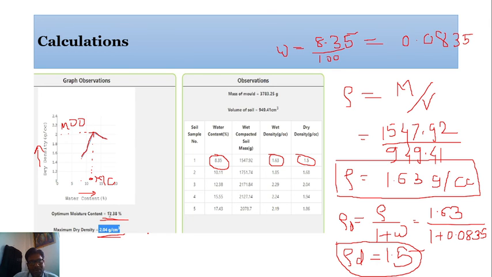The dropping height is 0.31 for the standard Proctor test and 0.45 for the modified Proctor test. The mold is filled in 3 layers for the standard Proctor test and 5 layers in the modified Proctor test. That is the difference between these two methods.